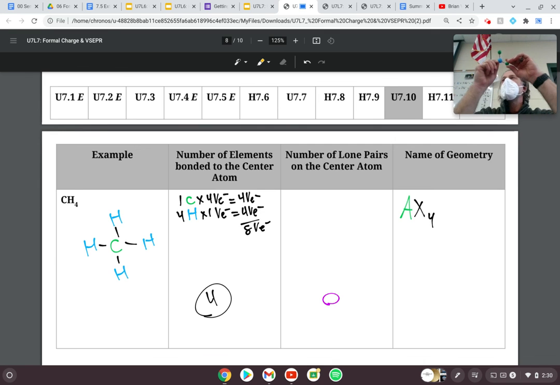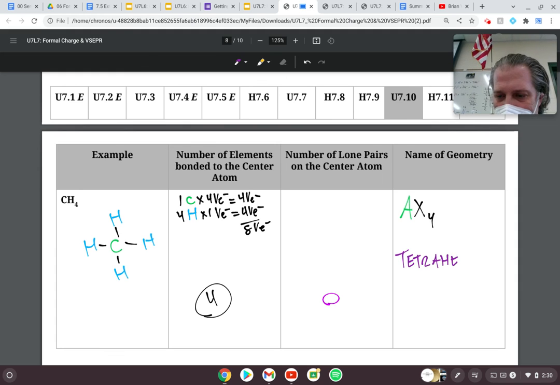It's always the same. But you don't need to know that. You just need to know that a structure with a central atom with 4 atoms bonded to it, that's all, has a very special name, and that very special name is tetrahedral. It is tetrahedral.